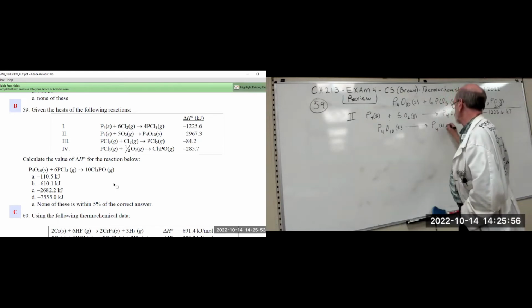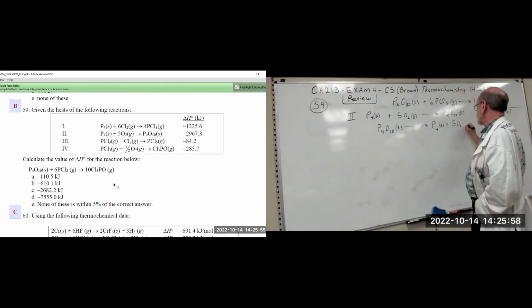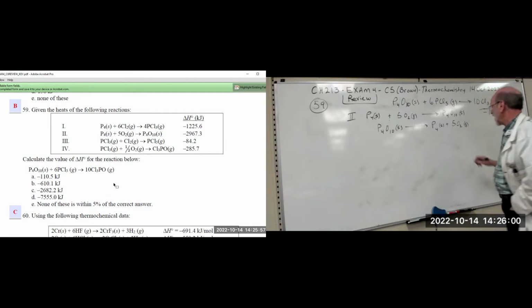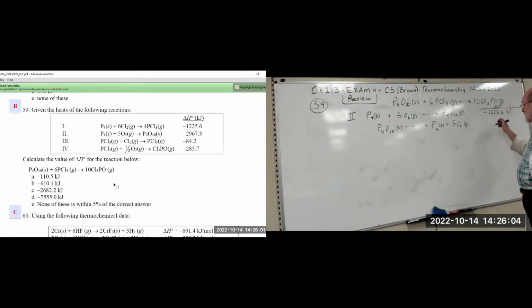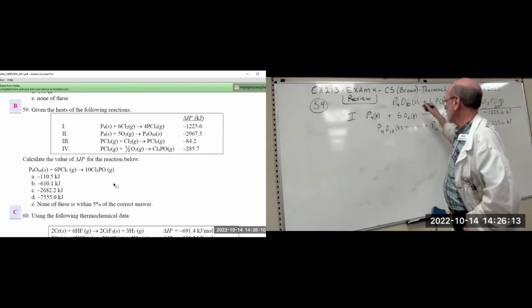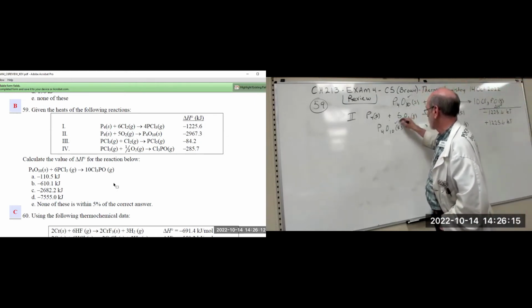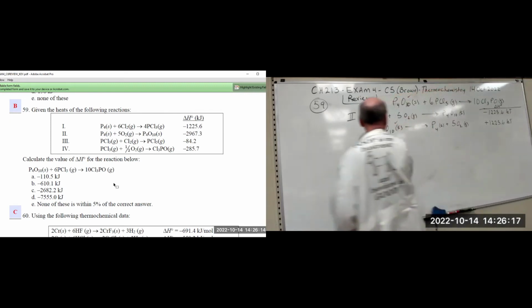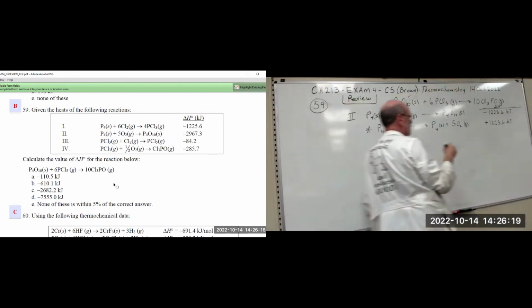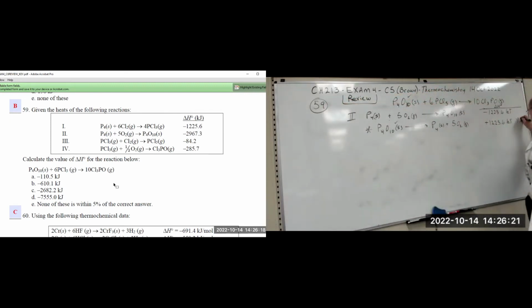P4 solid, 5O2 gas. Now what happens to this value? Reverse the sign. Okay, so that one is fixed. We got that covered with this. And we're going to use that equation and this enthalpy change.